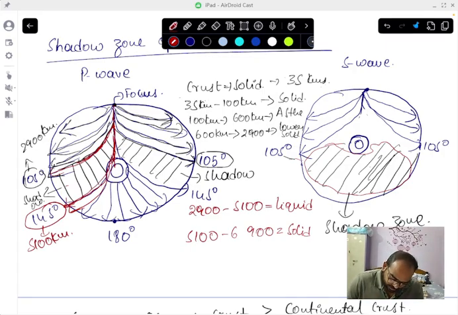And at 105 degrees they hit the solid inner core and traveled through it, indicating the inner core is solid in nature, from 5100 to 6900 kilometers.